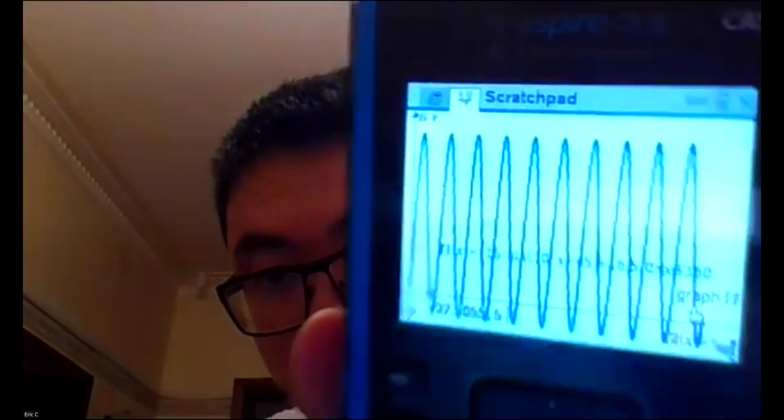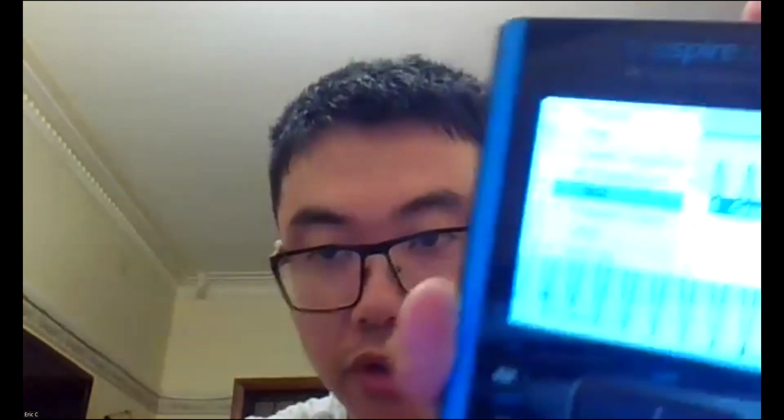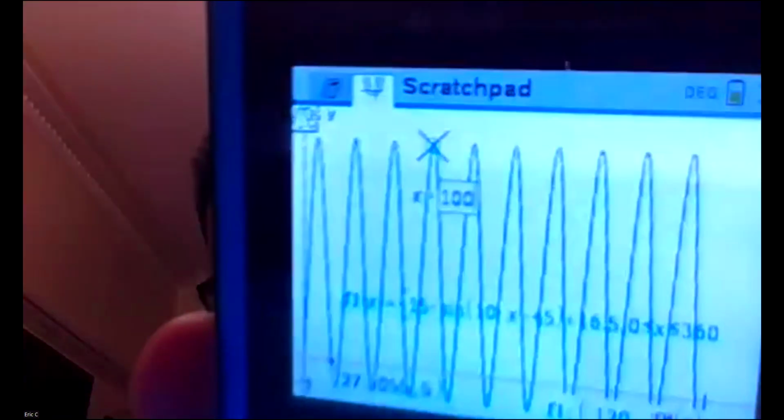So if we look back here, what we want to do is go to menu, trace, and graph trace. Do that, and then just type 100 and press enter. And it's shown basically. So I'll just quickly do that.